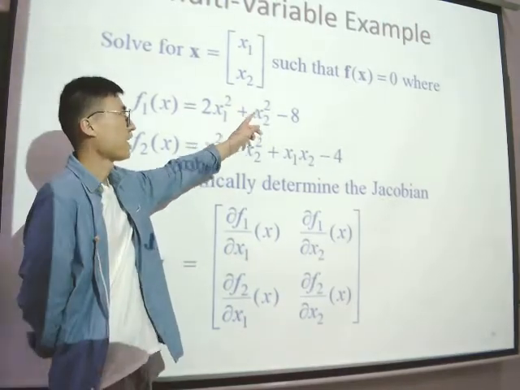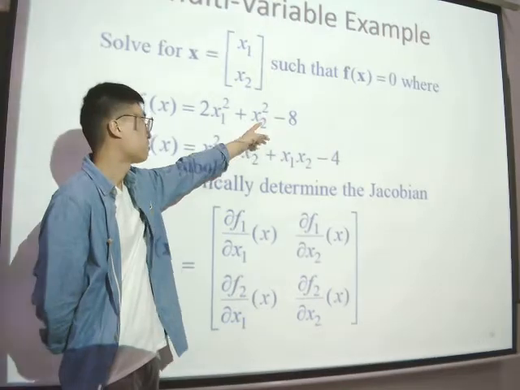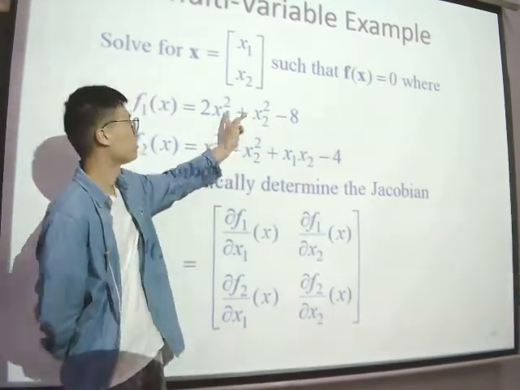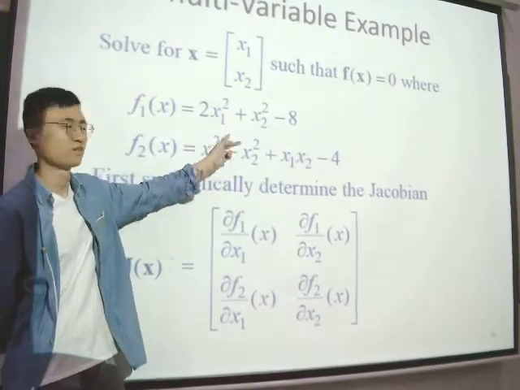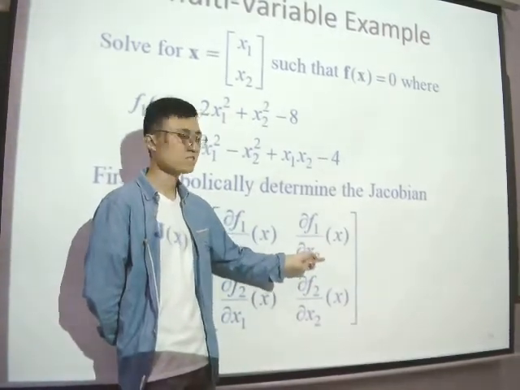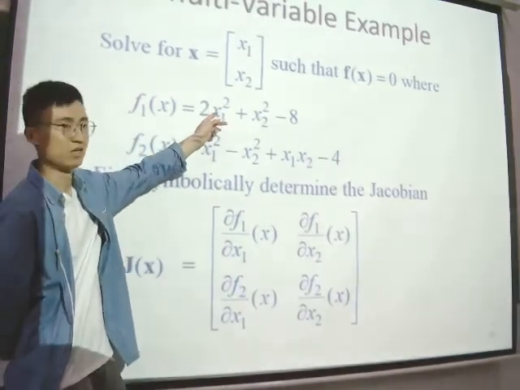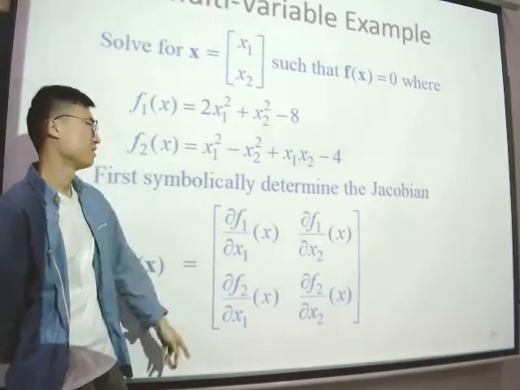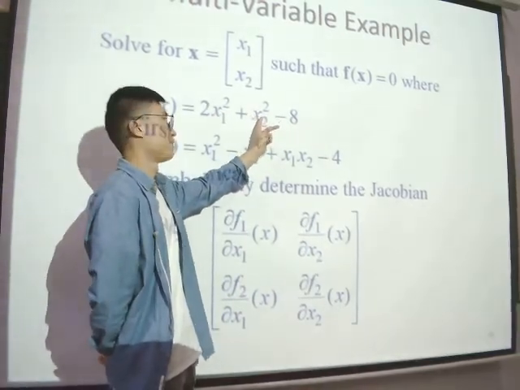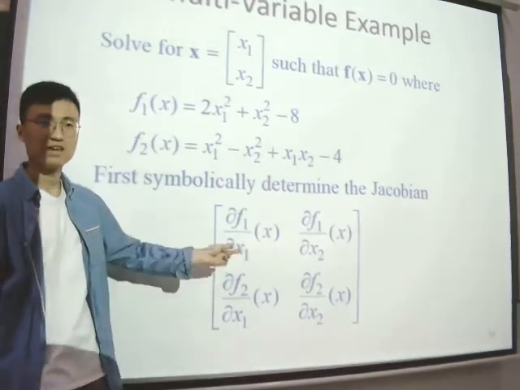In that case, the other term is a constant value, so it's 0, and the 8 is also 0, so it should be 4x1. But for this one, when we differentiate with respect to x2, then x1 is 0, so there will be a 2 multiplied with x2, right? Yes.